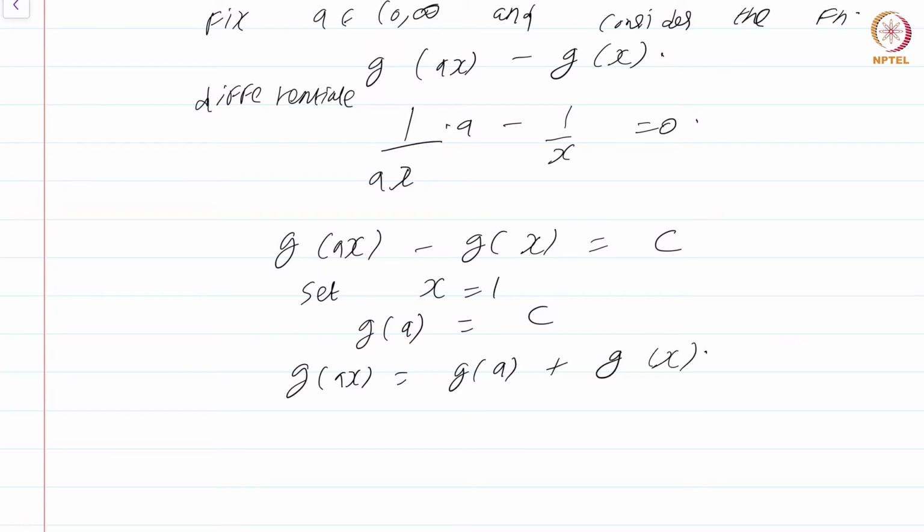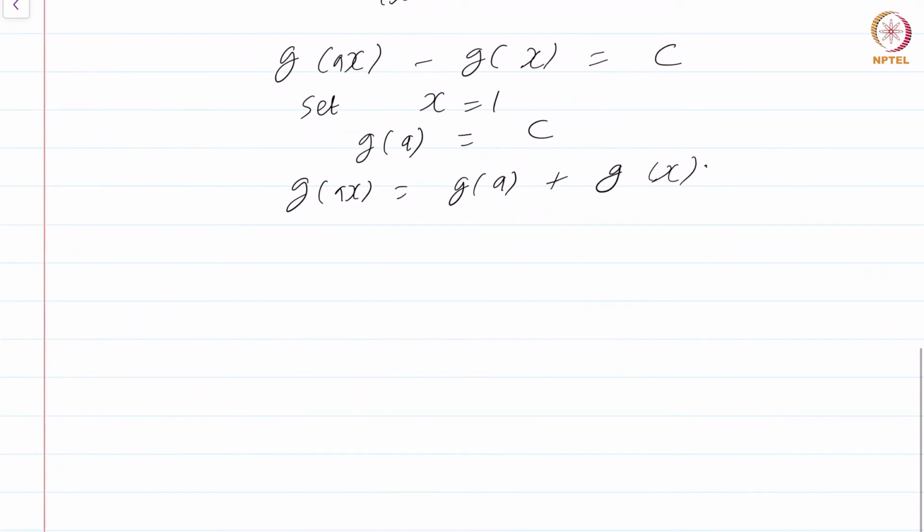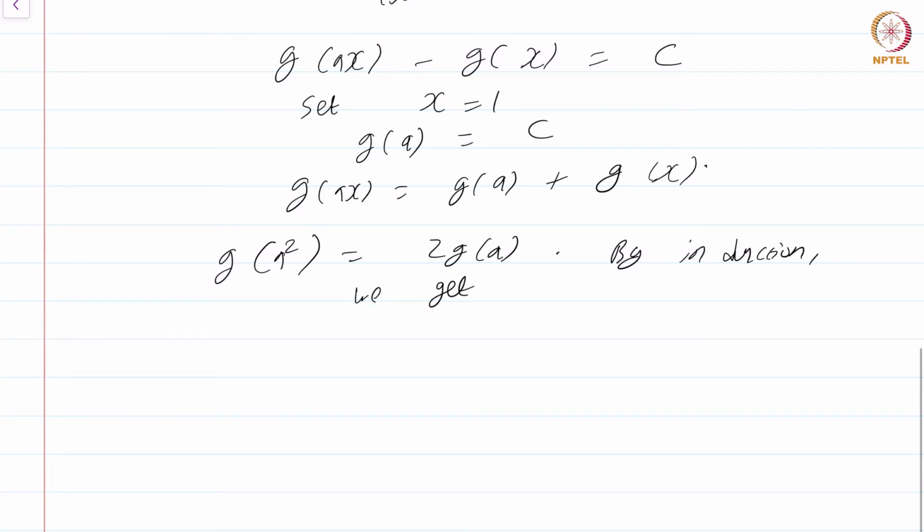Okay. Now again we can just consider g of a squared and we will get 2g of a. And similarly by induction we get g of a power n is equal to n times g of a.